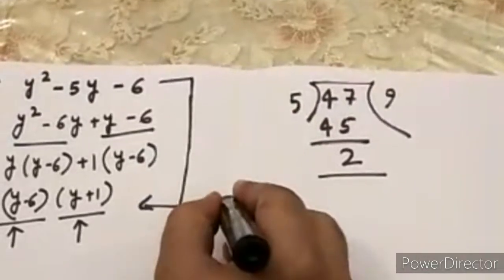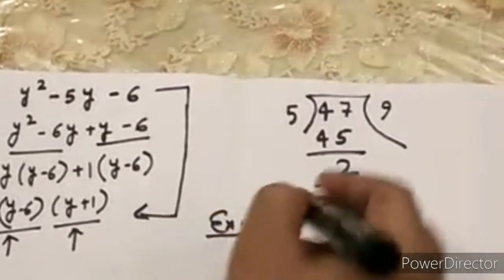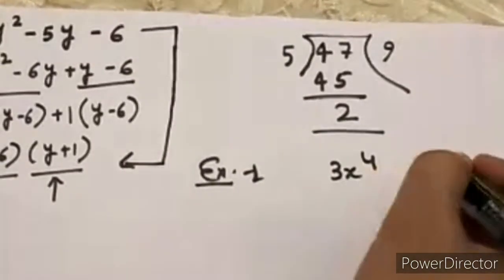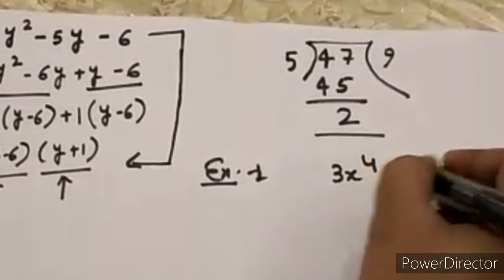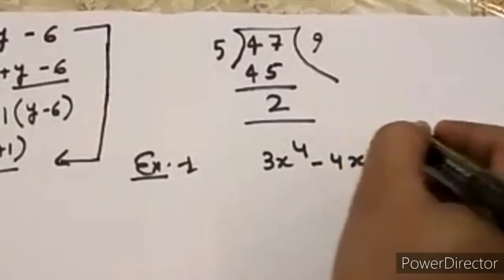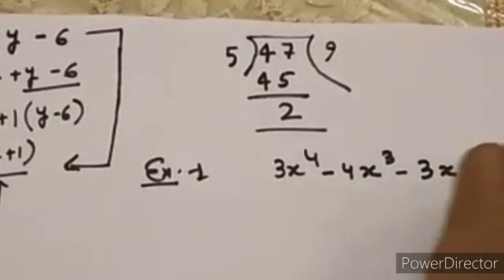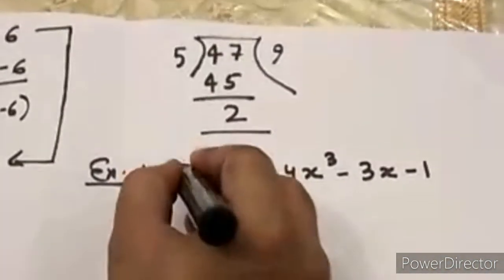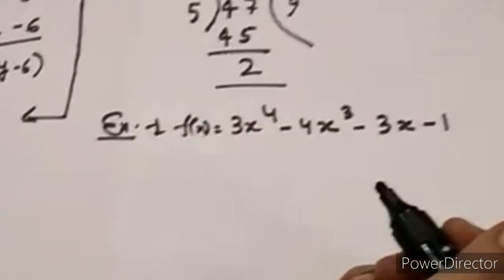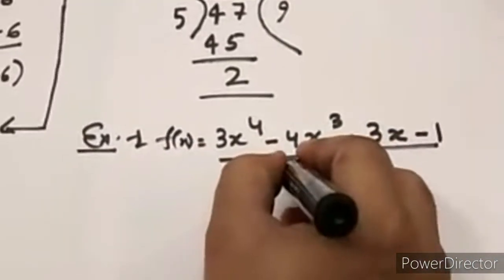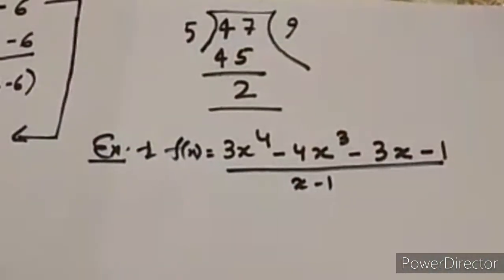Okay, for example, your function is 3x to the power 4 minus 4x cube minus 3x minus 1. Suppose your given function is this, and you are going to find out the remainder when we divide this function by x minus 1.